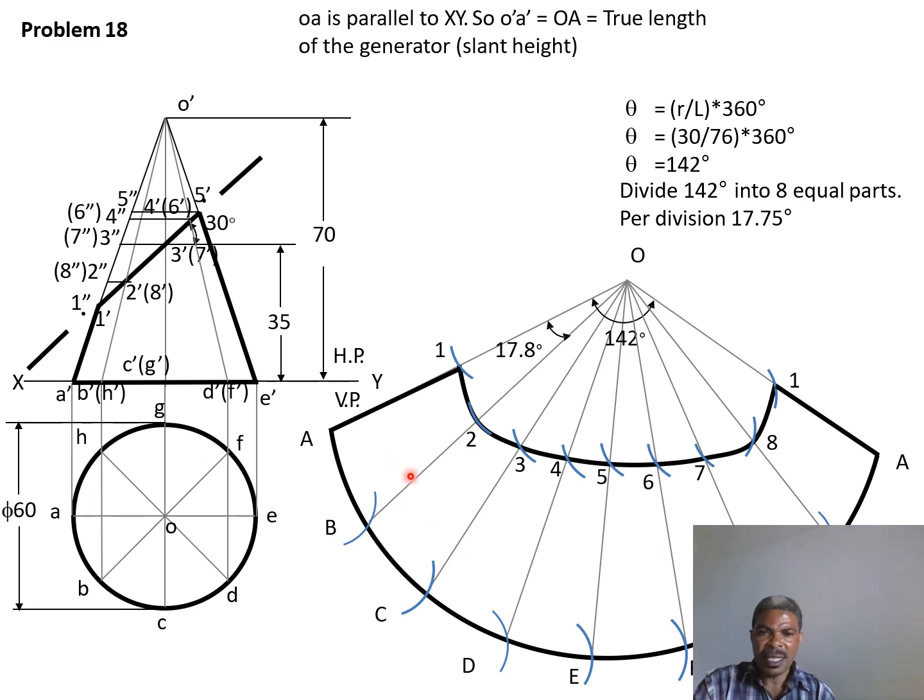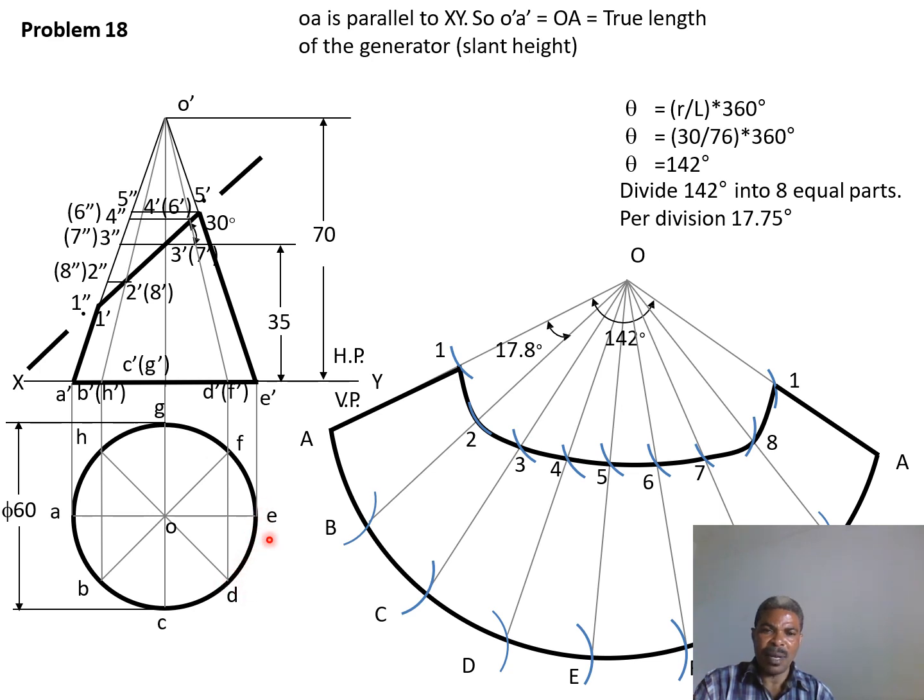However, we had 8 segments, 8 parts. So we need to divide this total angle by smaller angles, which becomes 17.8. So each angle, because here you're going to divide them into equal parts, how do you get this one? It is from the space on our plan.